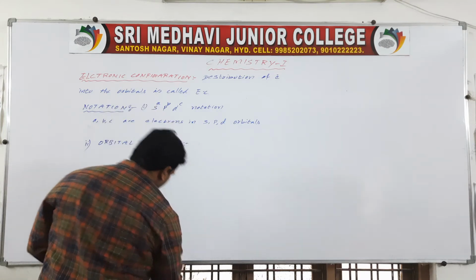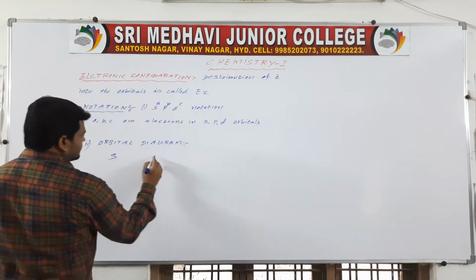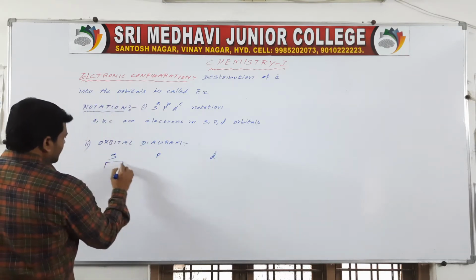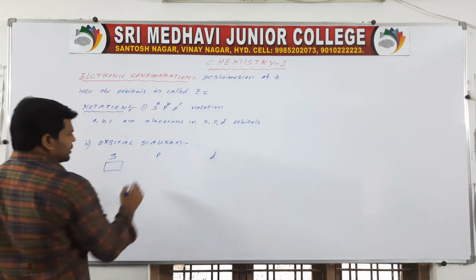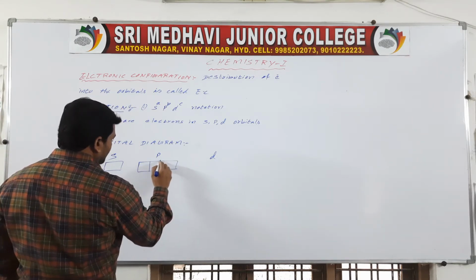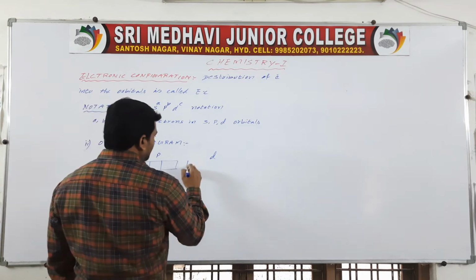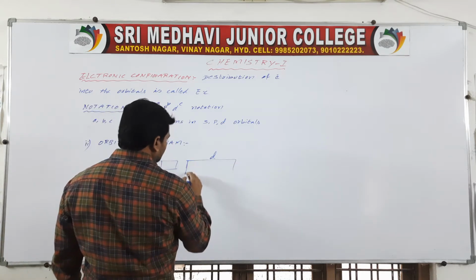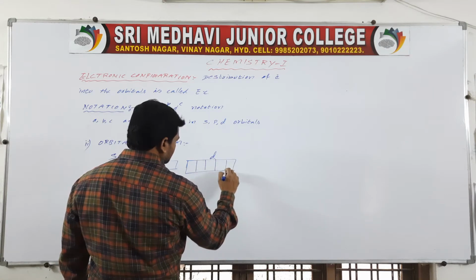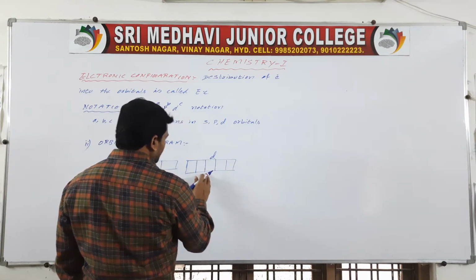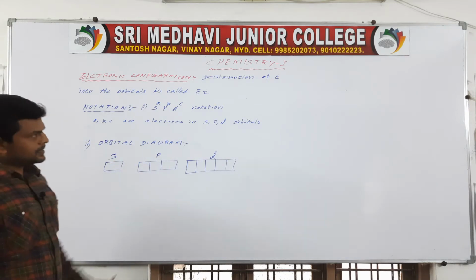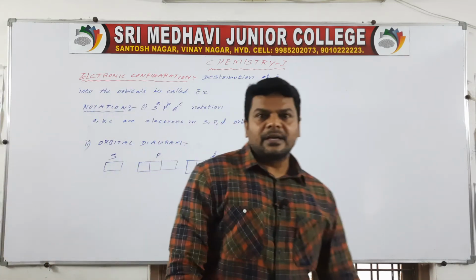S having only one orbital, P having 3 orbitals and D having 5 orbitals. This is the way an orbital diagram can be drawn.